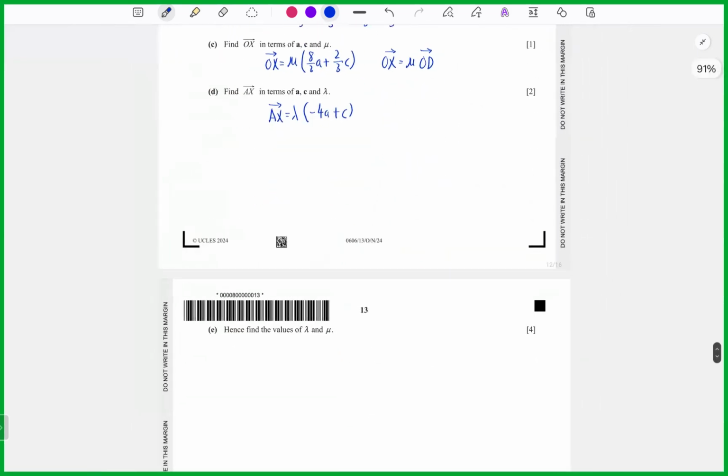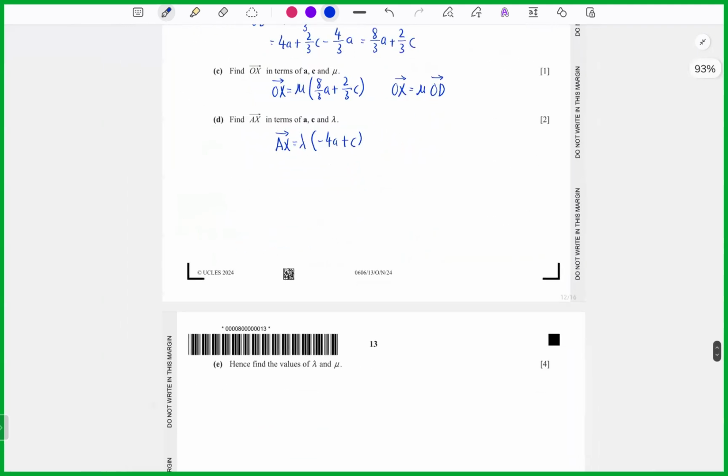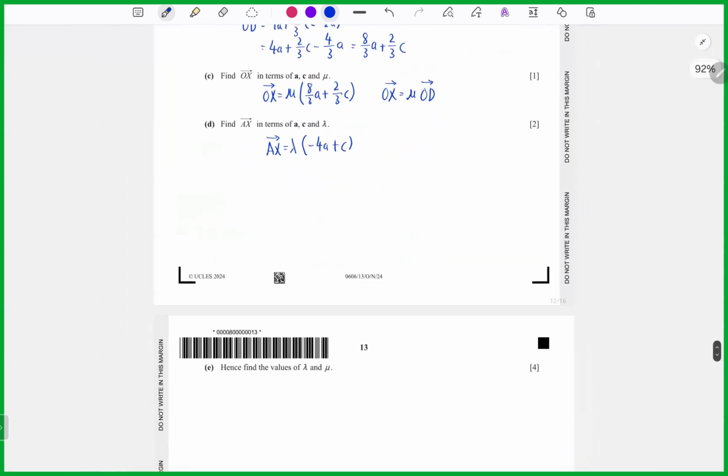Let's see the next part: find the values of lambda and mu. AX equals lambda (c minus 4a), right? So actually I can write here AO plus OX equals lambda (c minus 4a).